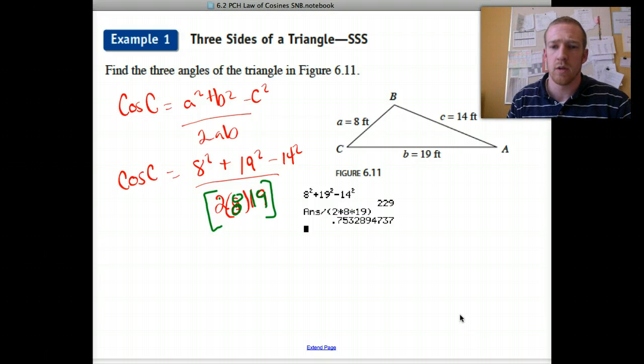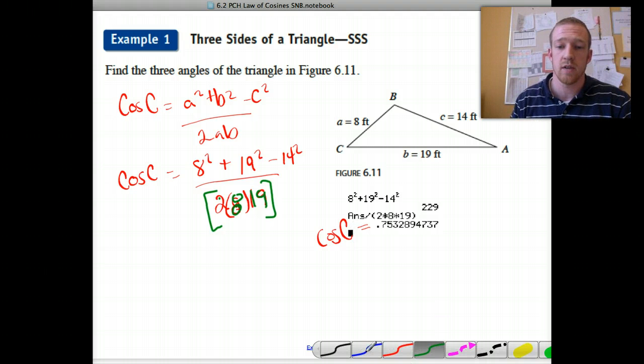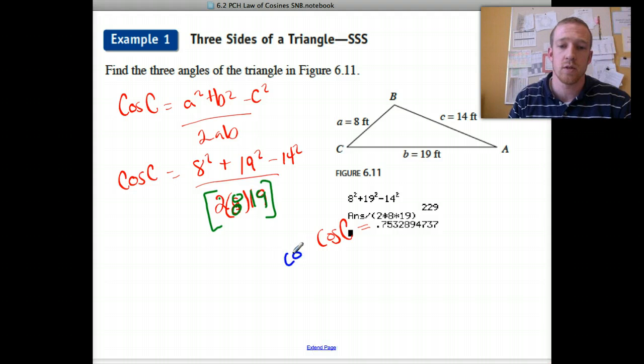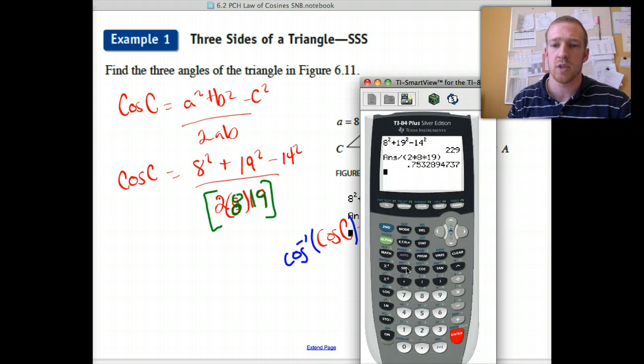So now, that's what cosine of C equals. Cosine of C equals this. So in order to find the angle C, we need to do the inverse cosine. So I'm going to do the inverse cosine of both sides. And then I'm going to leave this value exactly in my calculator so I get the most precise answer possible.